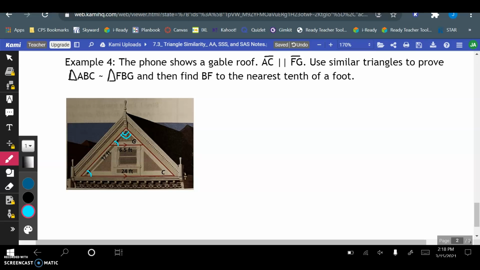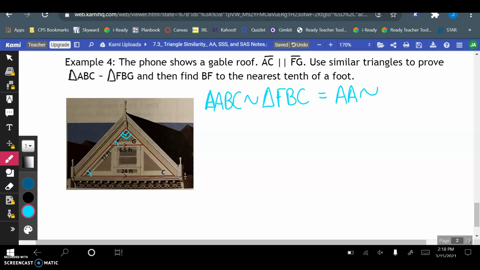So therefore, the two triangles are similar, not the same, similar, based on angle, because we proved two angles in each triangle were congruent. We can actually prove three, but we only need the two. So triangle ABC is similar to triangle FBG because of the angle similarity.